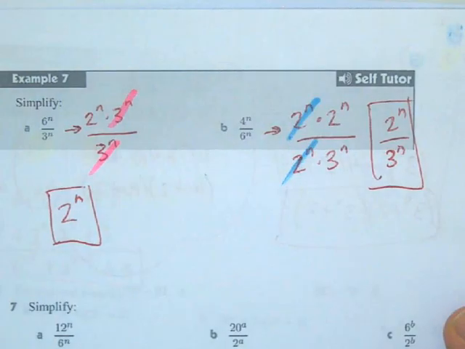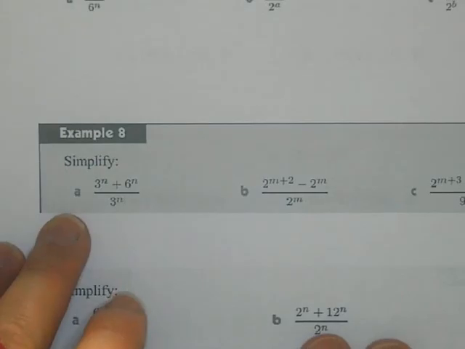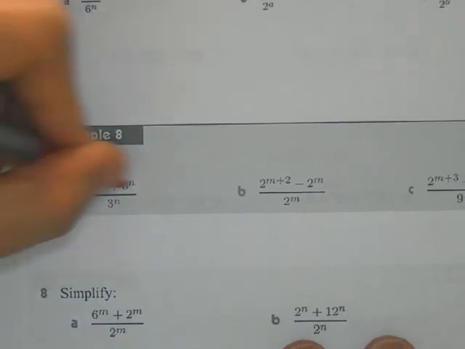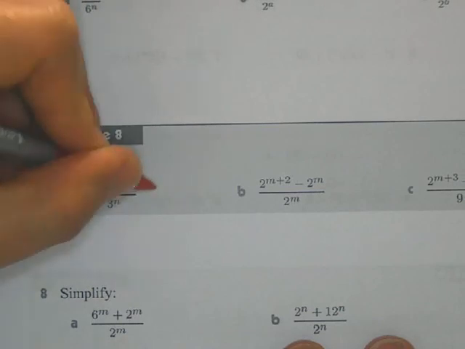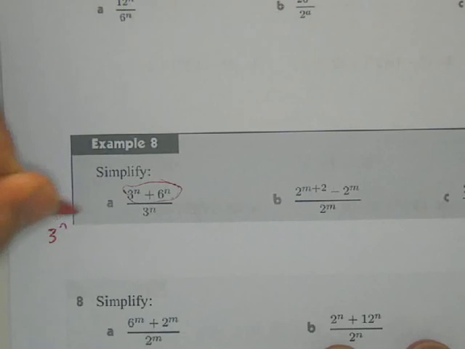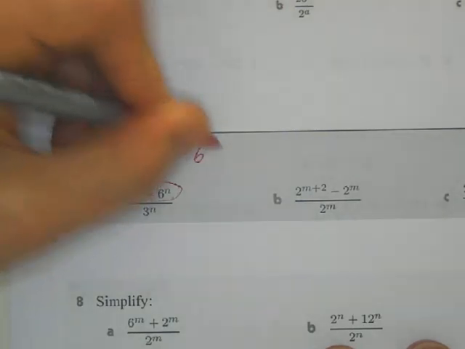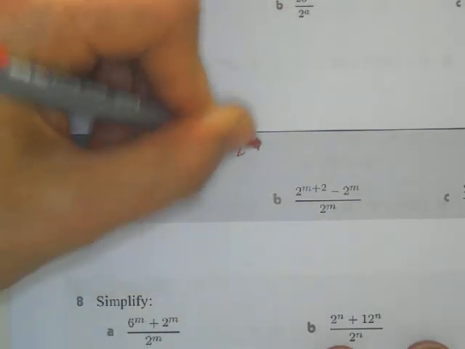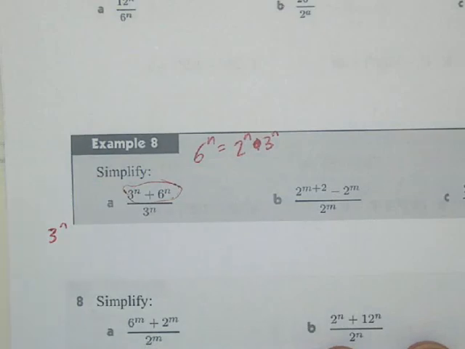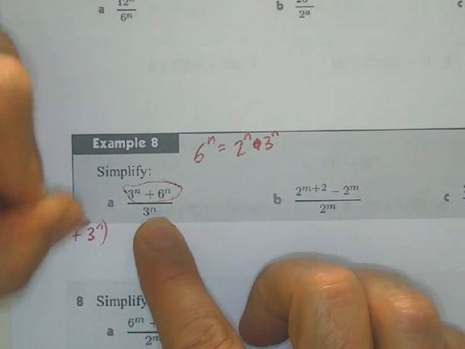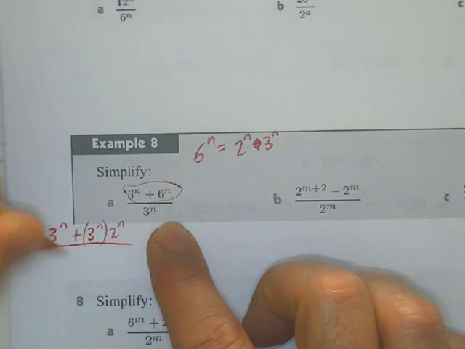Okay, last new type of question is this. I can do some distributive property in the numerator, and I can say, okay, so this numerator is going to become 3 to the n. Okay, the 6 to the n, I'm going to rewrite it as 2 to the n times 3 to the n. So I've got 3 to the n plus 3 to the n times 2 to the n over 3 to the n.